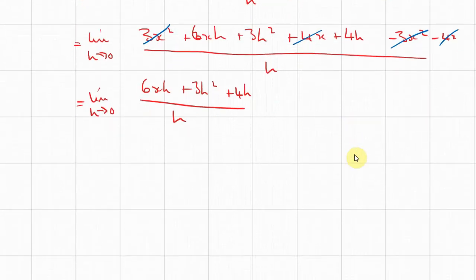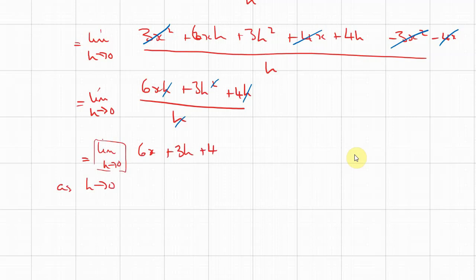So we can divide through by h now. There's an h in each term, so let's get rid of that. So we've got 6x plus 3h plus 4. Very important step here. We need to say, well, as h goes to 0, because this is what this whole limit thing means, as h gets really small, what happens to our terms?